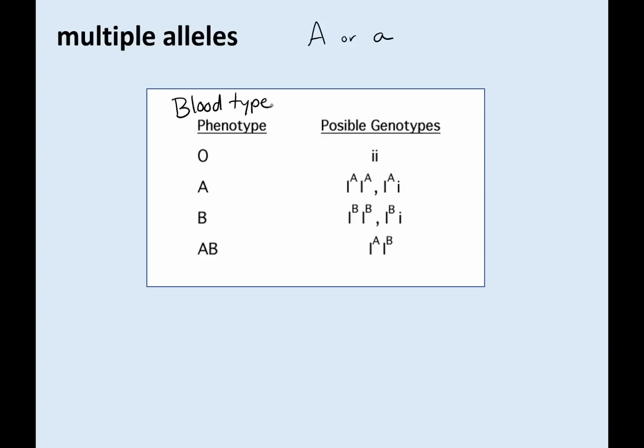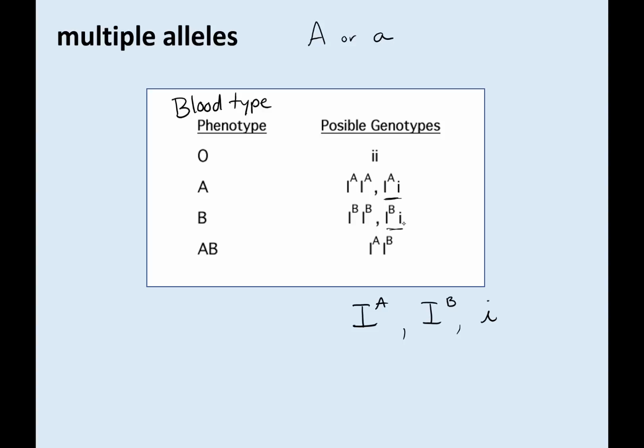And to determine blood type, we have 3 different alleles. We have the A allele, the B allele, and the kind of non-AB allele, which can result in type O, or can result in heterozygotes.